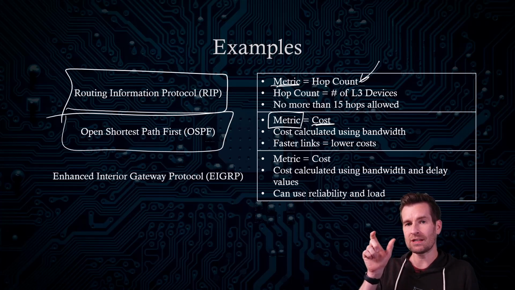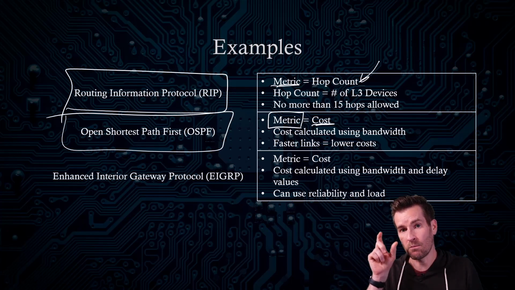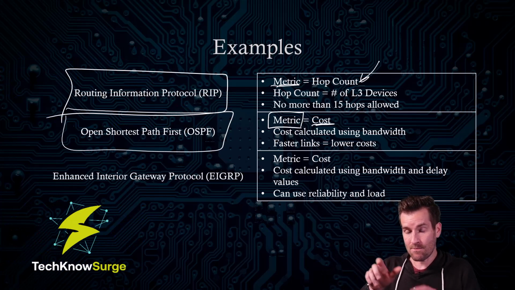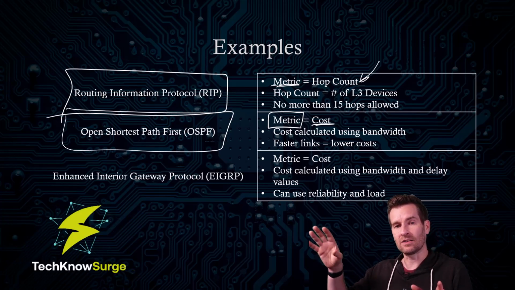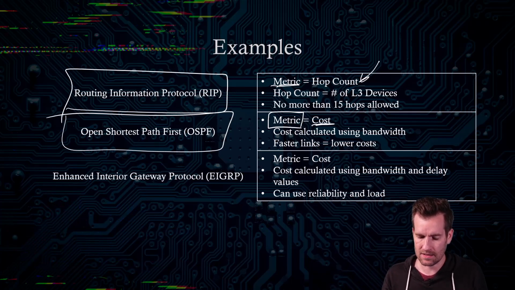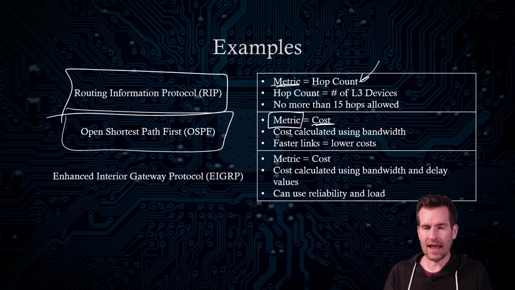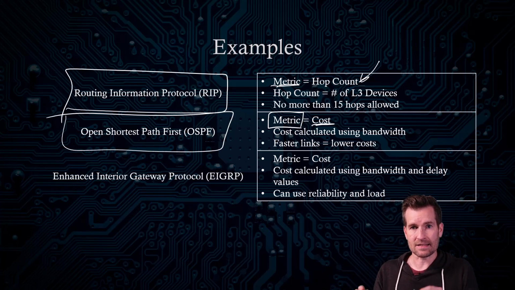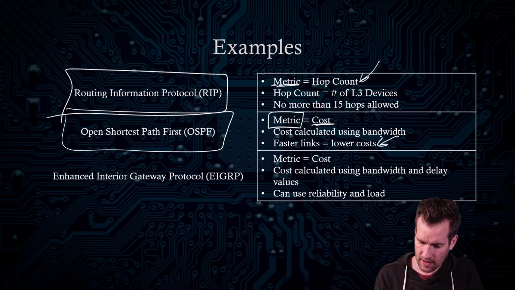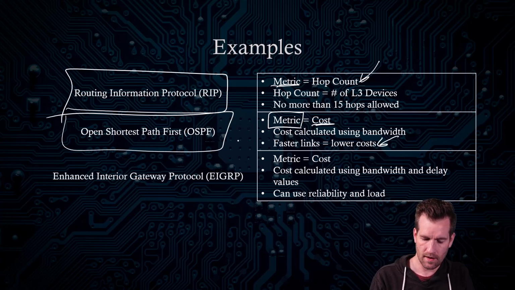It's not only going to look at the hop count, but really it's looking more at the bandwidth of all of the links between the router and the final destination. It'll plug that all in, and then choose the faster links and send traffic across them. So faster links equal lower cost equals better, and therefore that is what's going to get chosen.